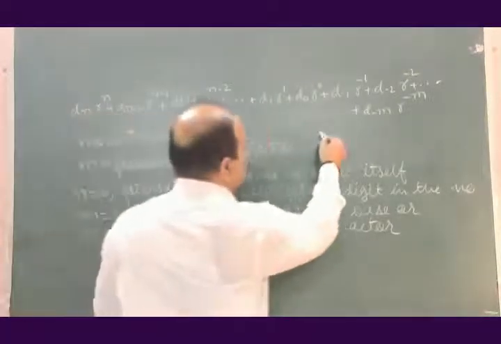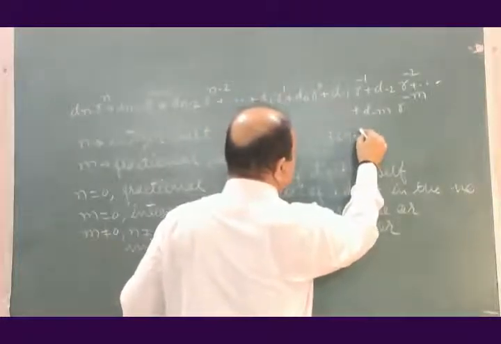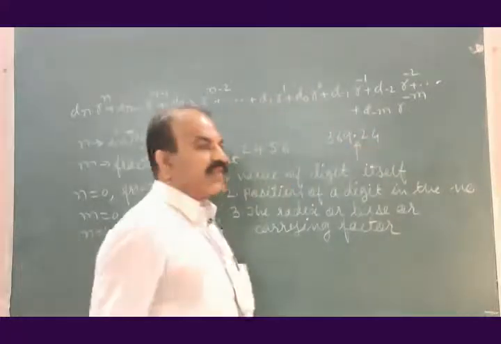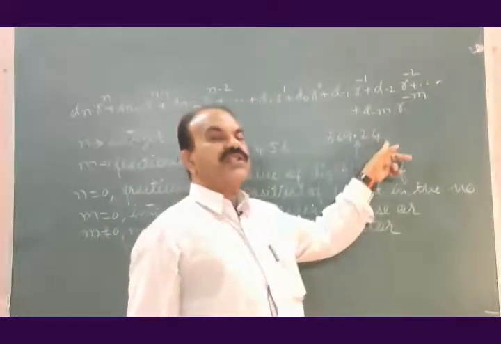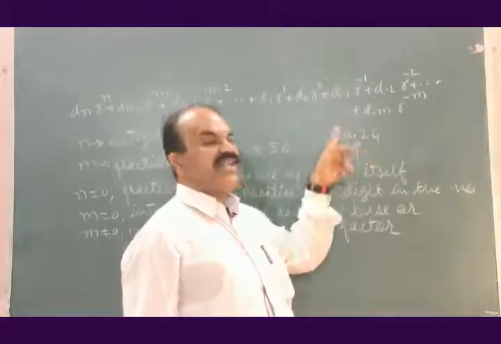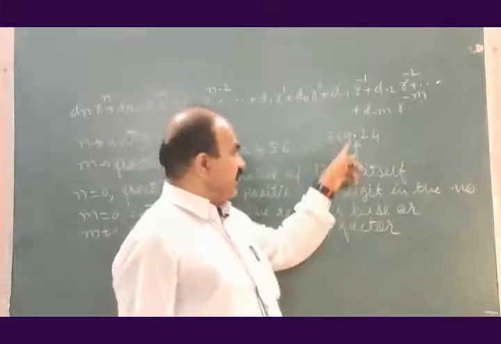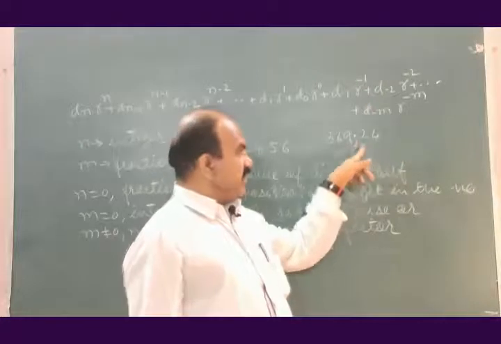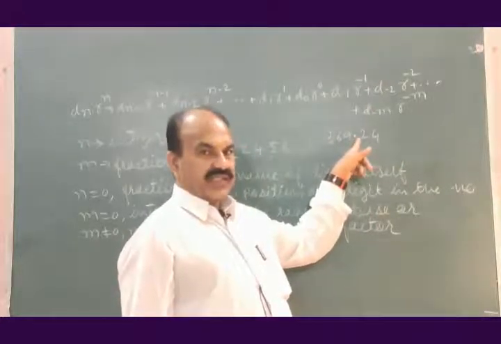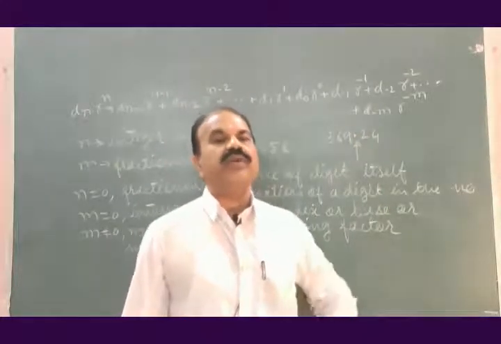For example, these two digits correspond to the fractional part of the decimal number, and 369 corresponds to the integral part. The integral part and fractional part are separated by this point. This point is known as the radix point or base point.